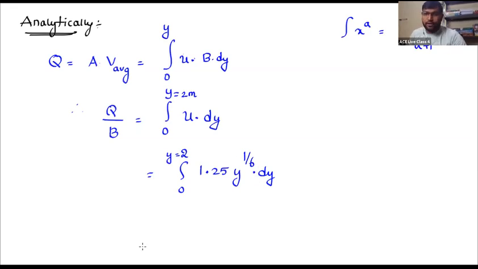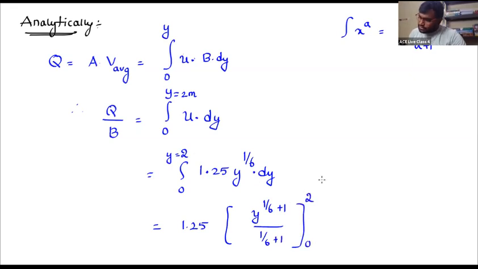Similarly, you can find it out. Now, if you integrate that, let's take out this 1.25 outside: y to the power of 1 by 6 plus 1, over 1 by 6 plus 1, integral 0 to 2. So now please find out those values. 1 by 6 plus 1 is equal to 7 by 6.